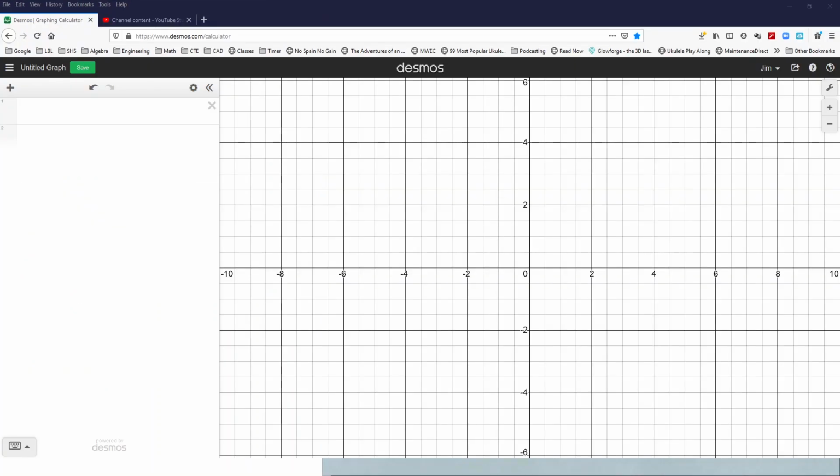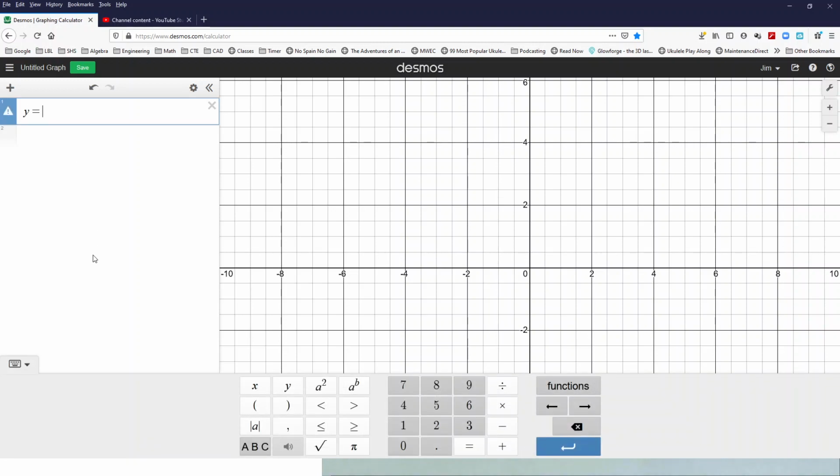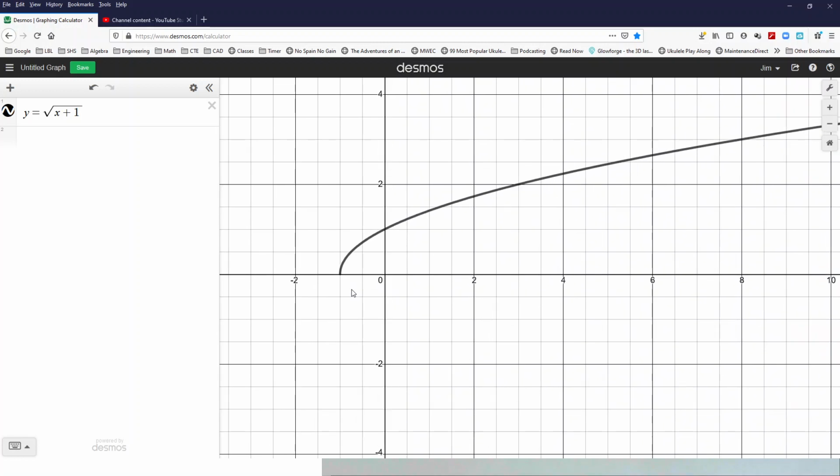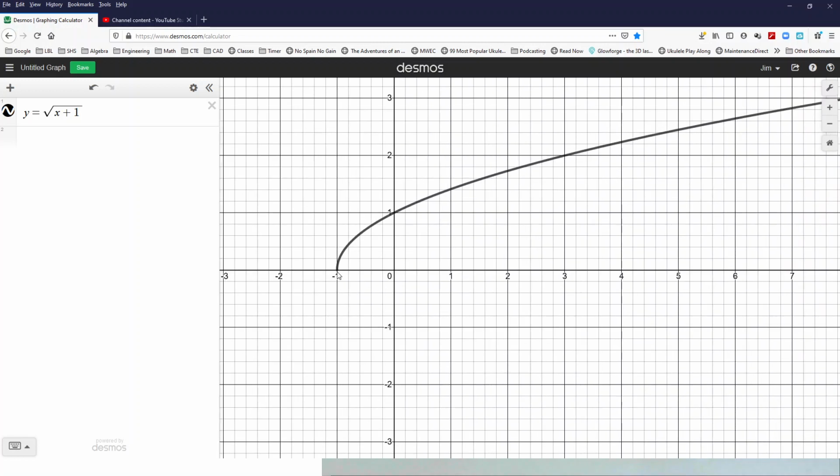So we switch over to Desmos here, and I put in this function, y is equal to the square root of x plus 1, and I look at that graph. I can see that that graph starts here at -1, and it just goes on forever and ever.